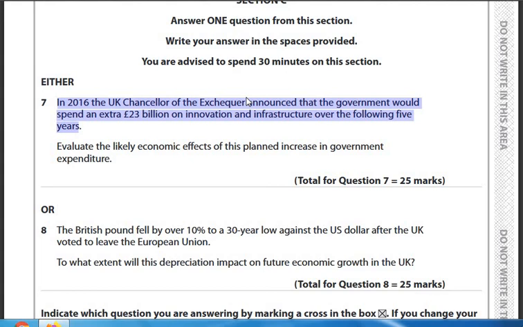So benefit, evaluation, benefit, evaluation, benefit, evaluation, final judgment, answer the question, put the pen down, done.